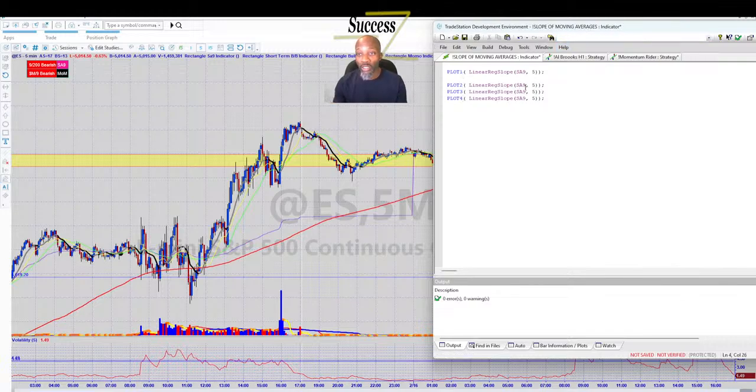That's SA9, so we'll do SA15, SA25, single period moving average of the 200. Okay, we probably better make these different colors corresponding with the color of the actual indicator on the chart for the moving average. So the 9 is black at the time. I've had it different colors before.